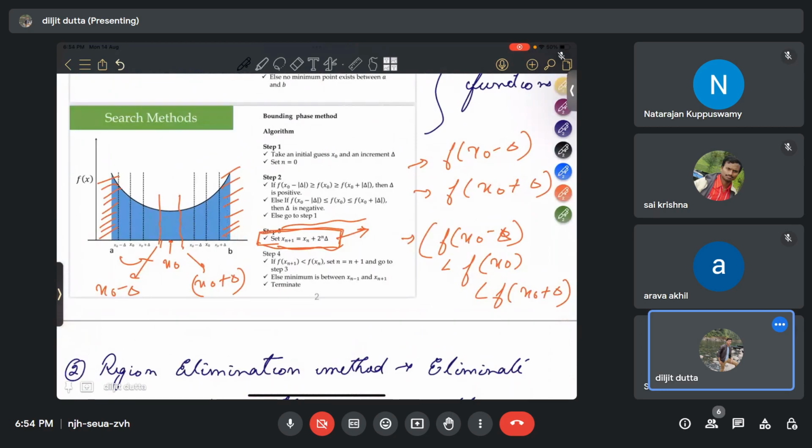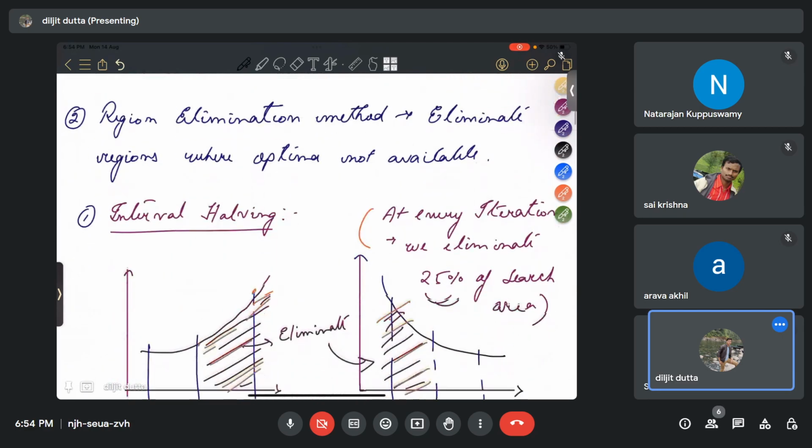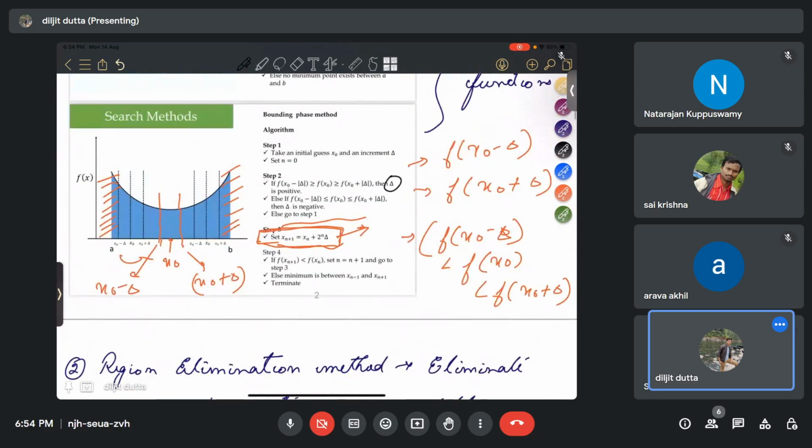You can see that f of x naught minus delta is greater than f of x naught, which is greater than f of x naught plus delta, so delta is positive. So delta greater than 0. Whatever value of delta that we have, we will set it as positive.